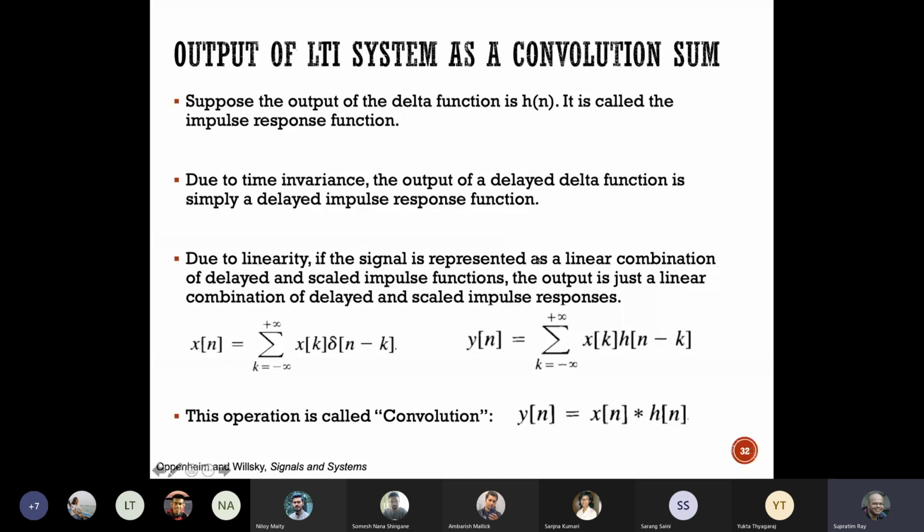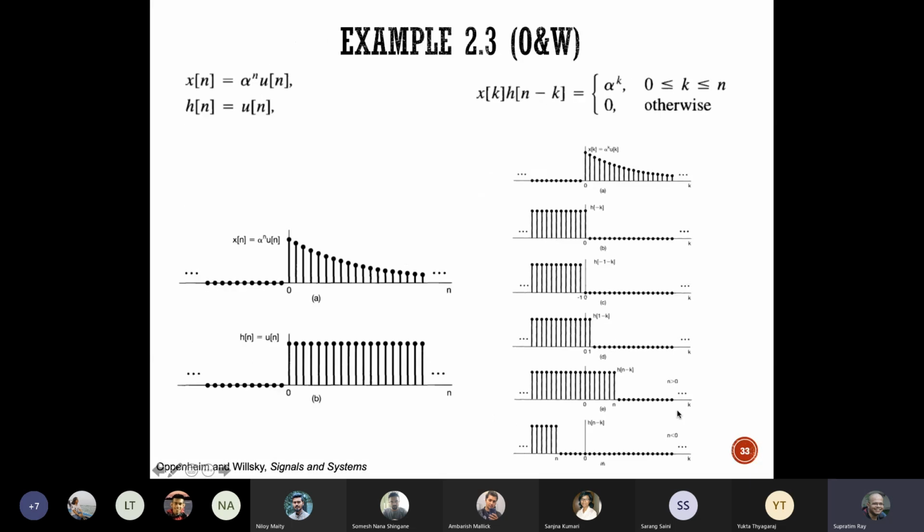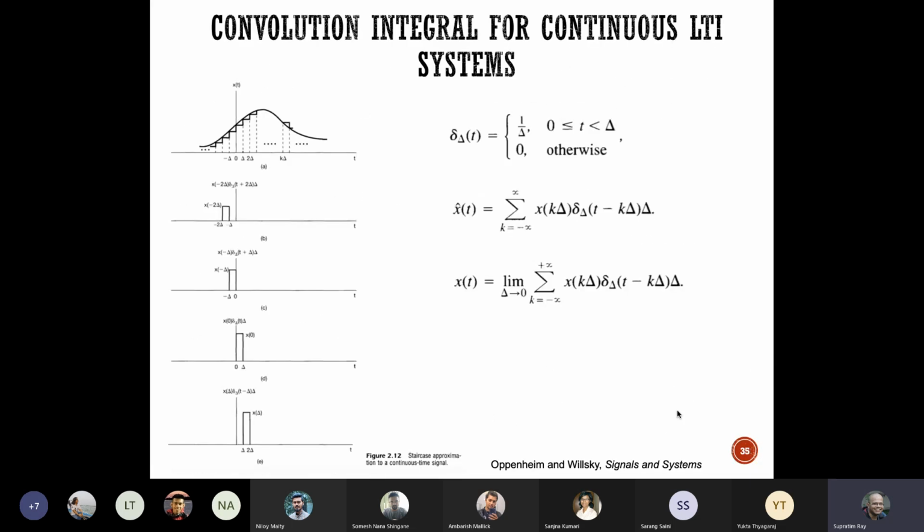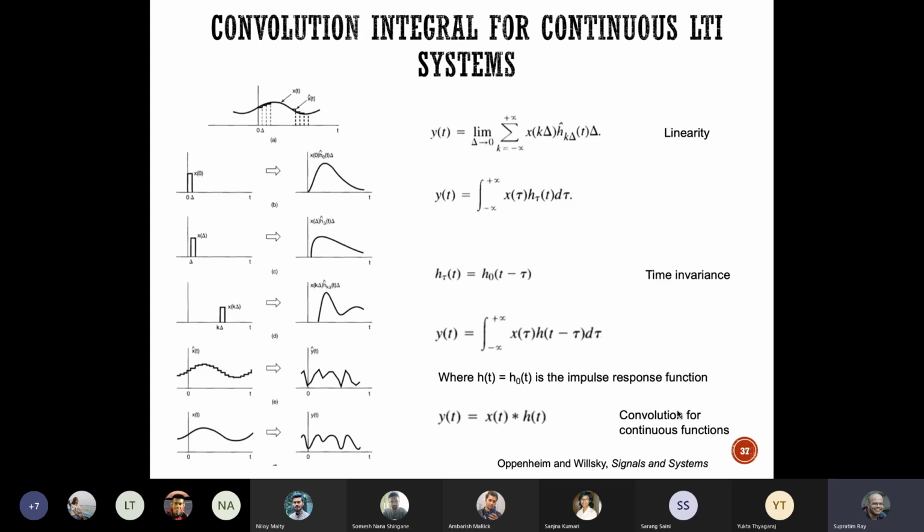And it turns out if the system is LTI, then if you give any other input xn, the output is just the signal xn convolved with the impulse response function. Okay, so this is what we did in the last class, and this is true for both continuous and discrete systems.